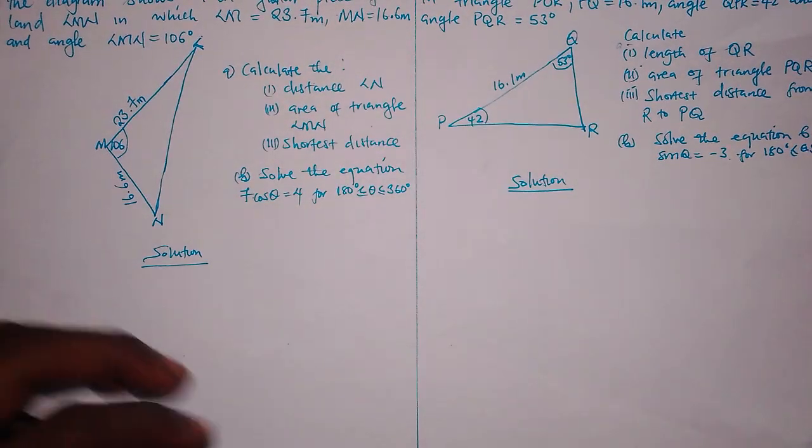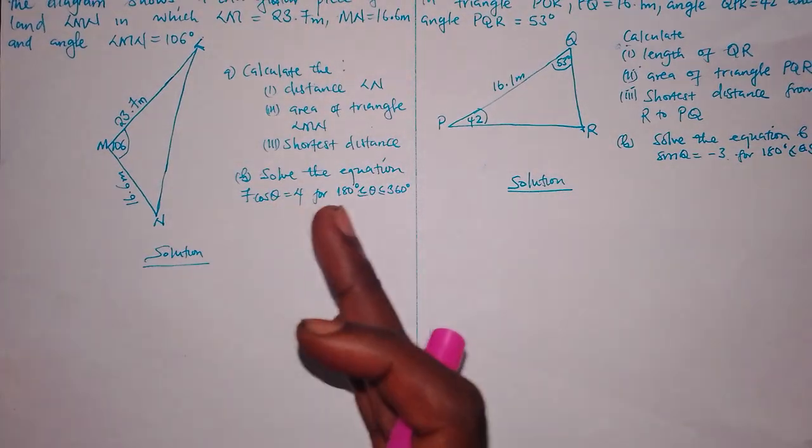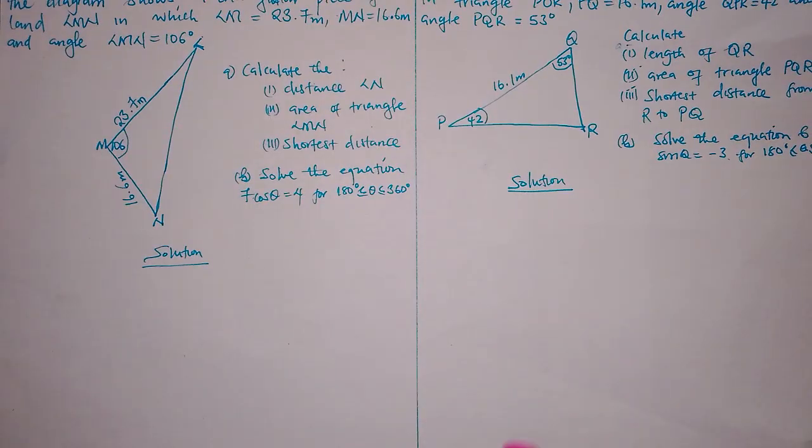Yeah, so how does a scalene triangle look? A scalene triangle looks like this one. So these are the scalene triangles. Now that we have understood the two types of triangles, we are going to see the formulas which you will need to be using as you are solving questions on trigonometry.